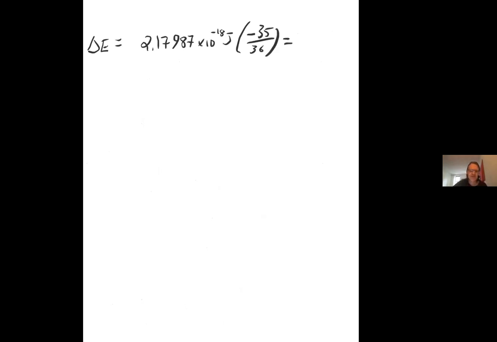So then we just need to go through that calculation. So let's see what that works out to be. 2.17987 times 10 to the minus 18 times 35 over 36. And you get negative 2.11932 times 10 to the minus 18 joules.